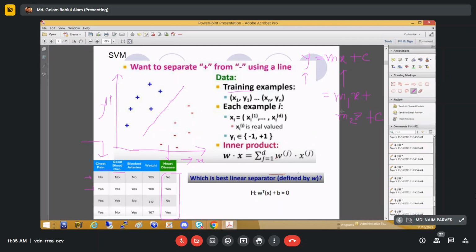This is the equation of a plane, because we have x, y, and g, 3 axes. Now, if we have more dimensions, like x, g, and also p, what will be the equation for that case? m1x plus m2g plus m3p.